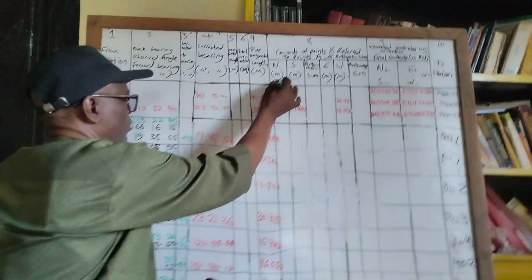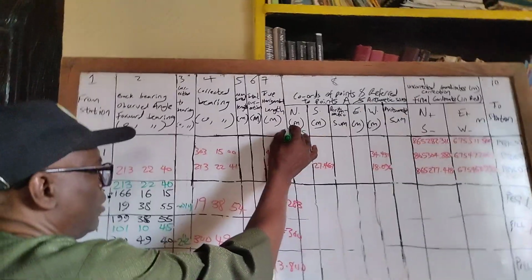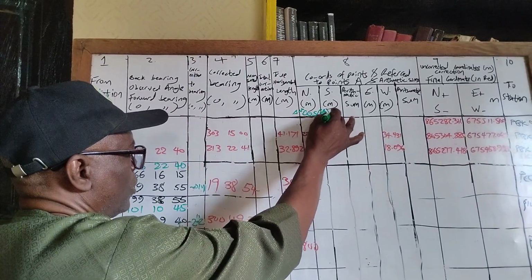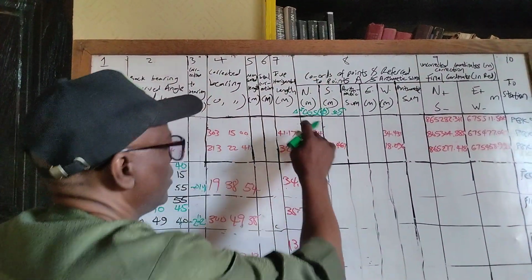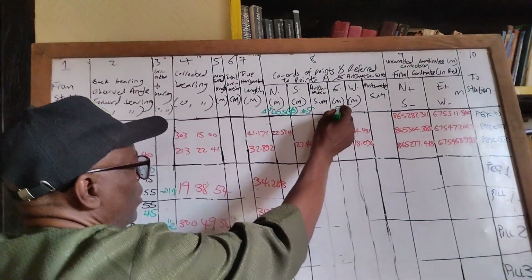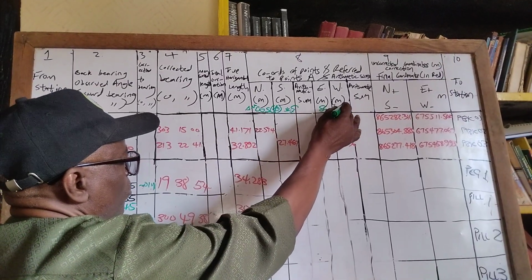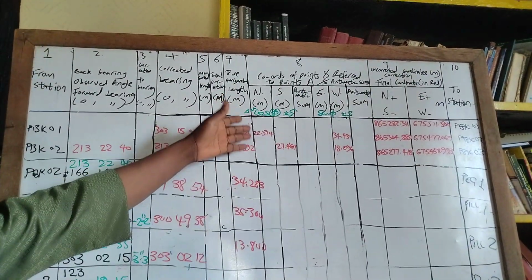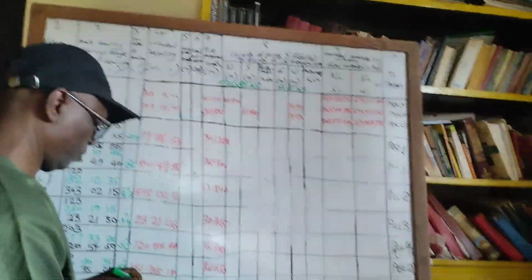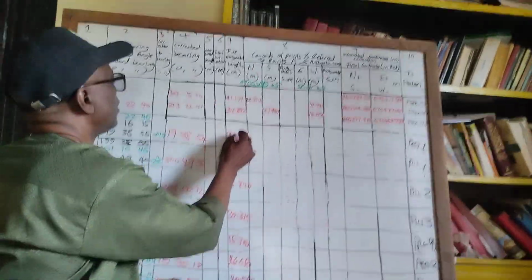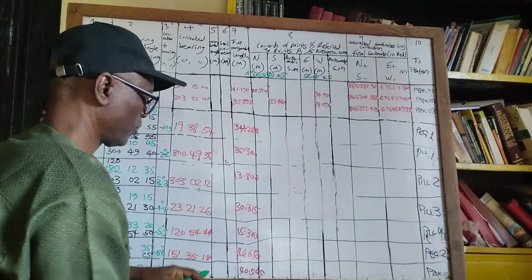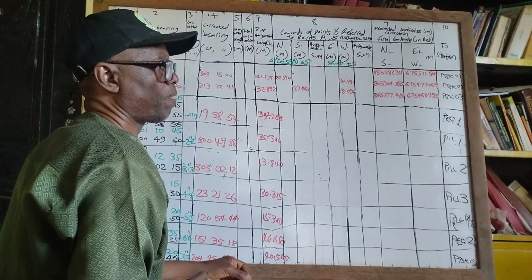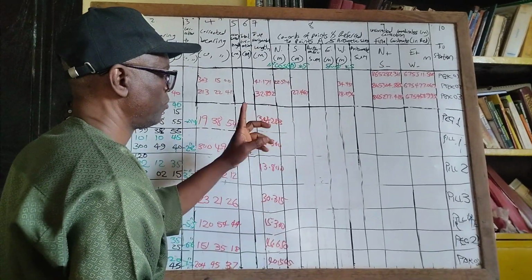Delta N is cos phi multiplied by distance, and delta E is sin phi multiplied by distance. So from there we can begin to calculate this delta northern and the delta eastern. Be conscious of the signs. Plus or minus is very, very important.